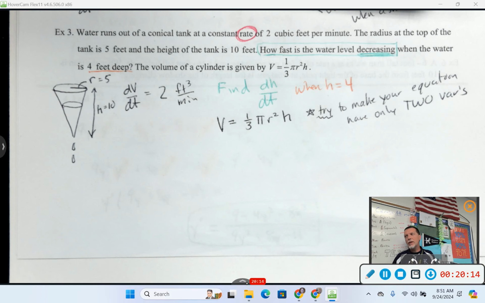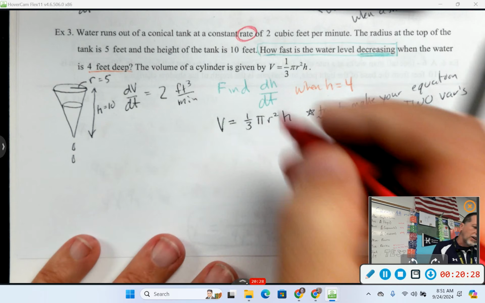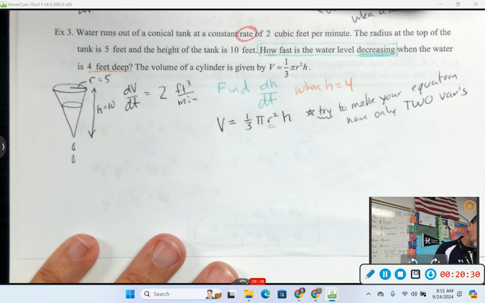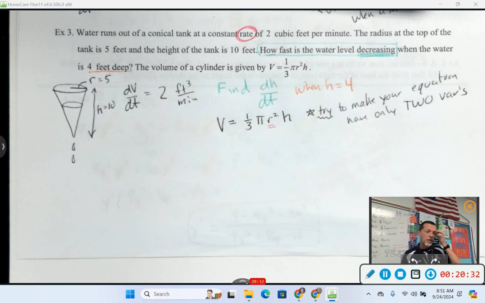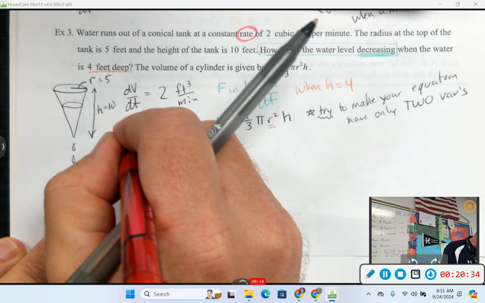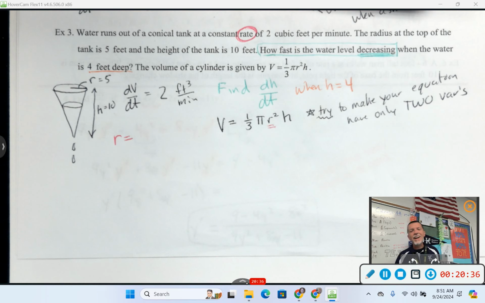That way you get away from product rule and quotient rule and extra dR/dt's thrown around in there. So it would be nice if we knew some relationship between R and H so that R could go away. I really don't want R in there. So if I could come up with something about R, man, life would be really nice, because then I could have an equation without an R in there.